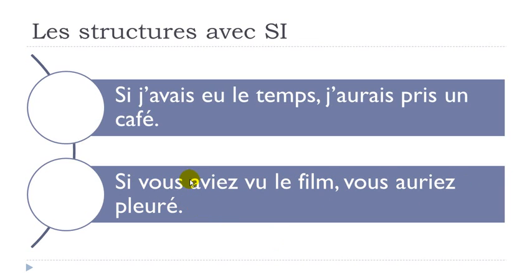Okay, so here you have voir, and it's the plus que parfait form. Vous auriez pleuré. Here you get pleurer, to cry, and it's at the conditionnel passé form. Okay, so that's the classic structure that you can use if you want to express regrets, with this if structure.